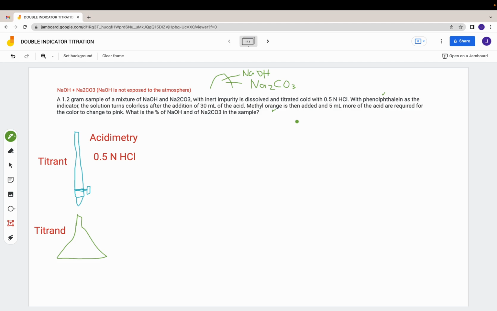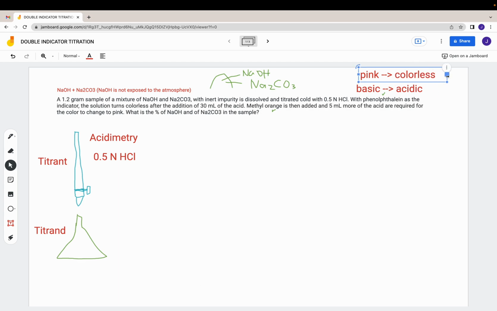Remember, your phenolphthalein will undergo a color change depending on whether it's in an acidic or basic environment. Basically, if we trace it from basic to acidic pH, then you would expect that your phenolphthalein will change from pink to colorless.